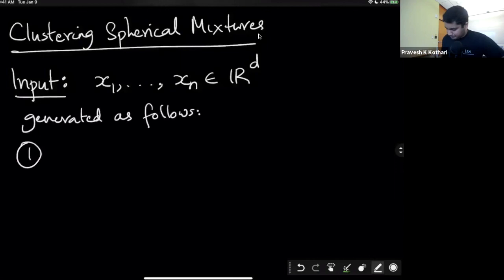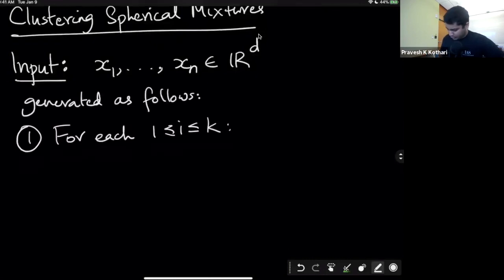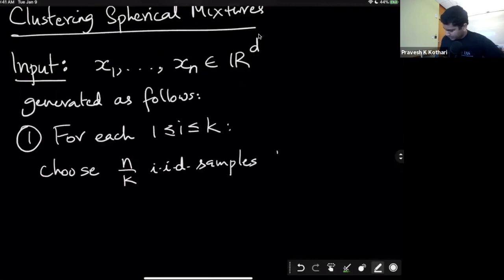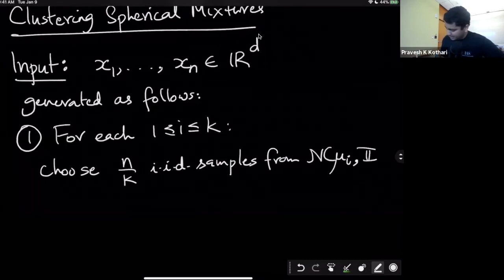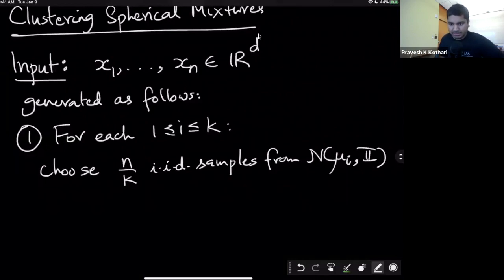For each i, 1 less than or equal to i less than or equal to k, I'm going to choose n over k IID samples from the following distribution. This is the Gaussian distribution with mean vector mu sub i and identity covariance. And so this is a distribution over R^d, a distribution over d-dimensional vectors.